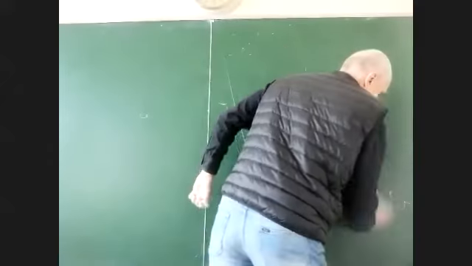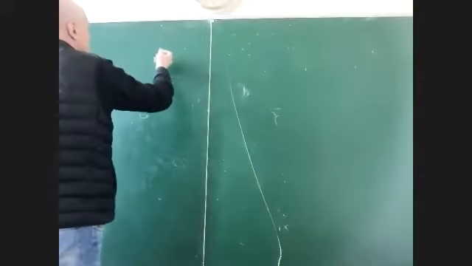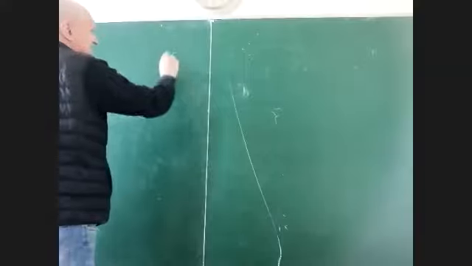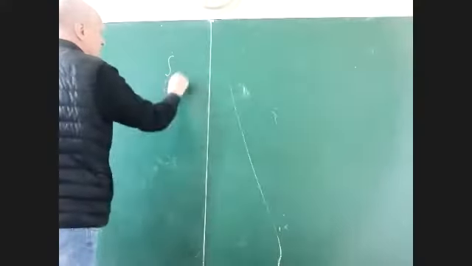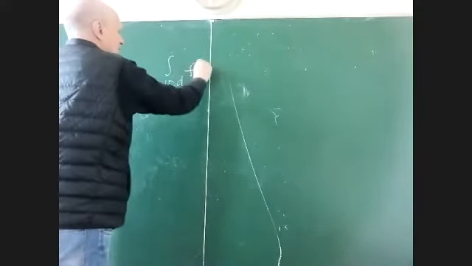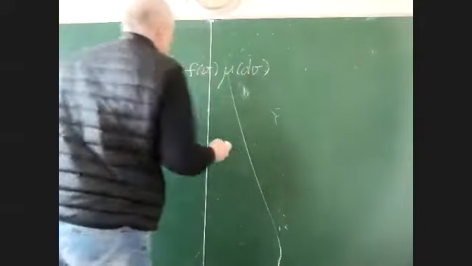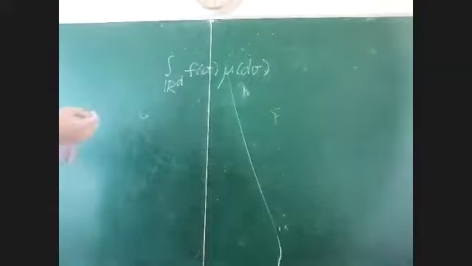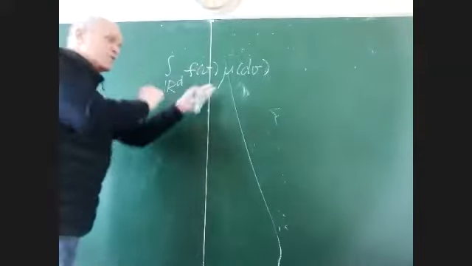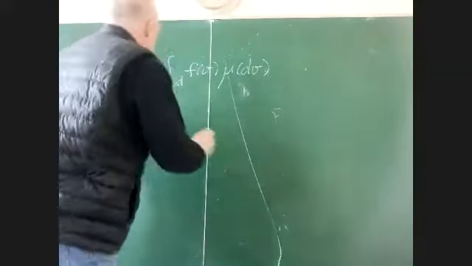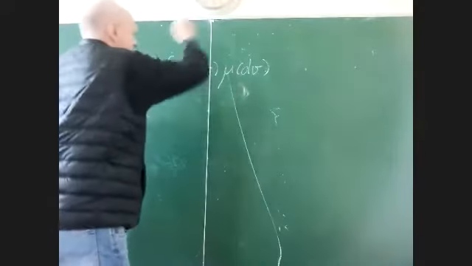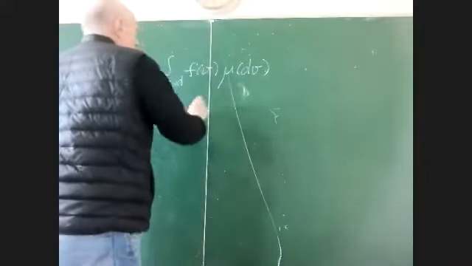Then nothing new happens. For example, let us consider such a function, the integral of f(v) mu(dv). Then if f is Lipschitz and mu has finite moments, this is a Lipschitz function on the space.